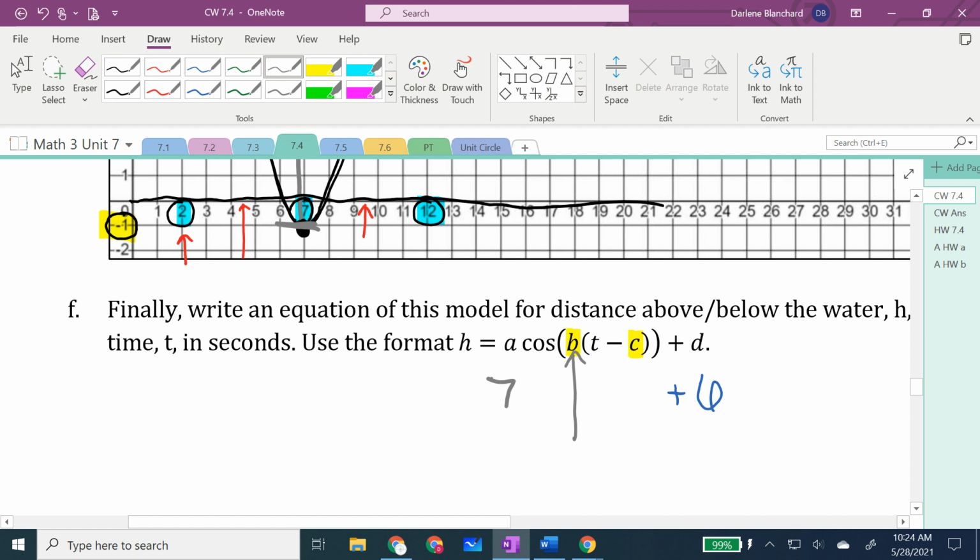do you remember that when I multiply my input by that B, that's giving me information about the period of the graph or the frequency?